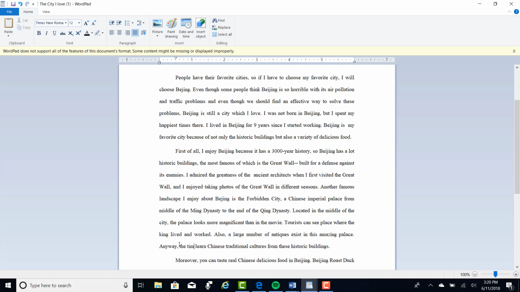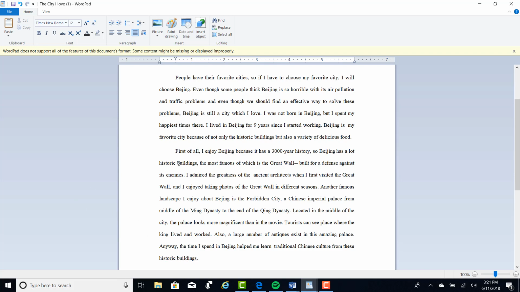I would put the time I spent in Beijing helped me learn, I'm going to say, traditional Chinese culture. I'm going to use this as an adjective. I think this works better here. From these historic buildings. Right?